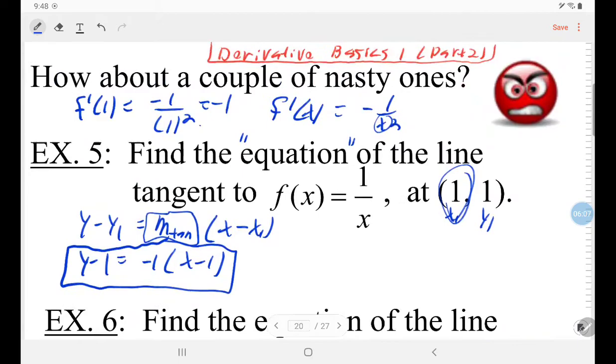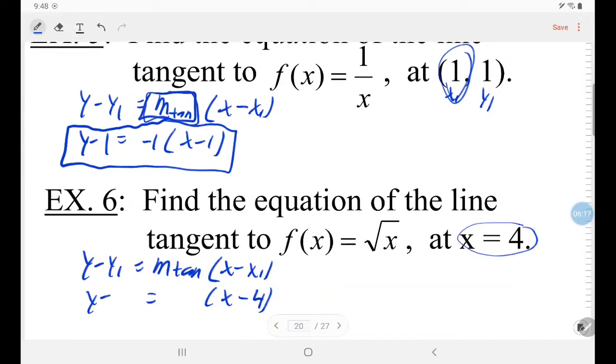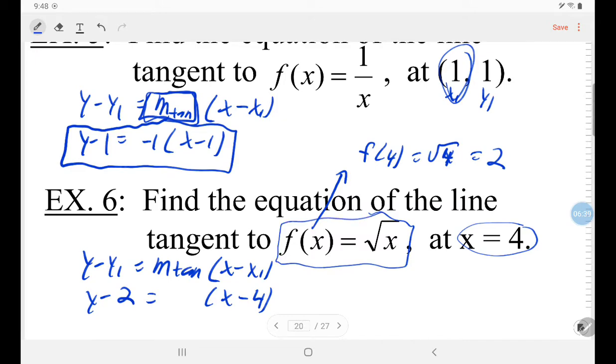Now remember from the last video that when you plug into f prime, you get your slope. I'm not looking for my slope, I'm looking for my coordinates, so I need to find f of 4. I need to plug into f of x to get my y value, and square root of 4 is 2. So y minus y1 is now y minus 2. Now we're left to find f prime this way.